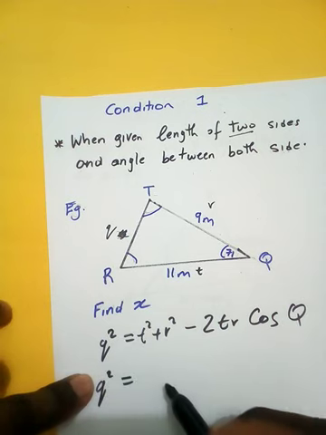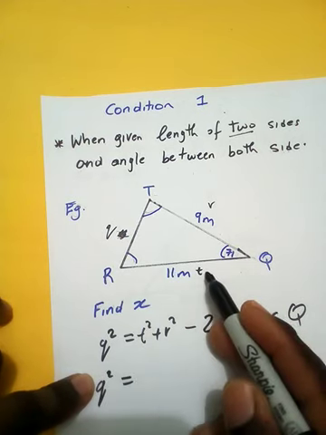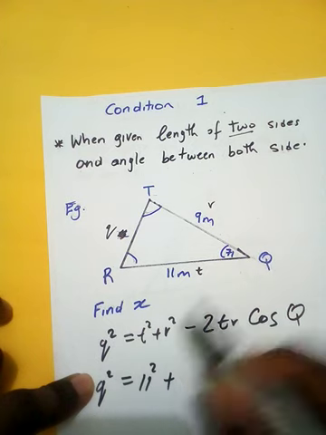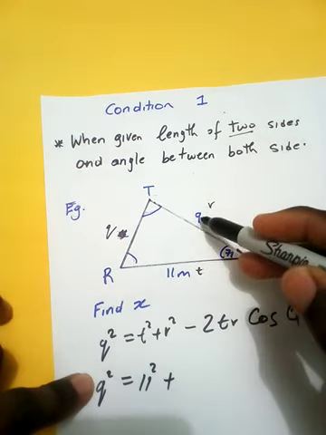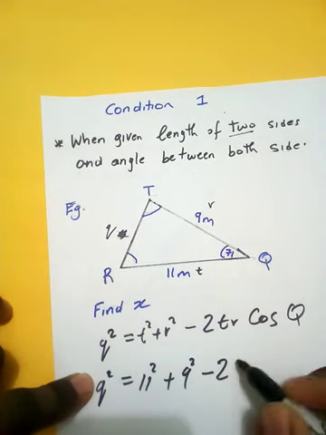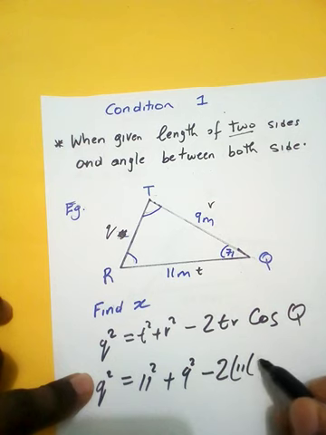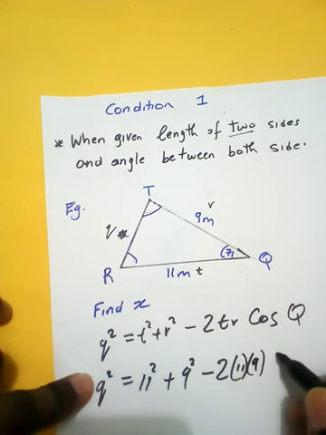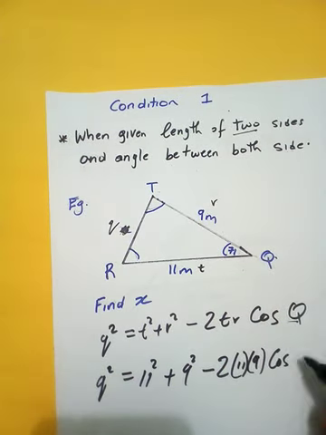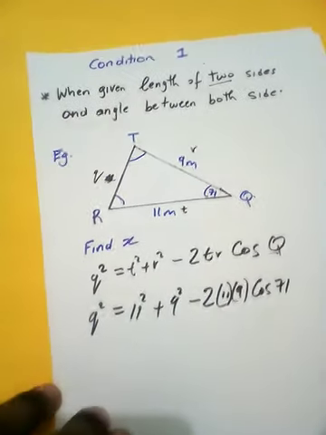q squared is equal to t squared. What is t? t is 11 squared, plus r. What is r? r is 9, so 9 squared, minus 2 times t times r cos q. What's the angle of q? Angle Q is 71 degrees.